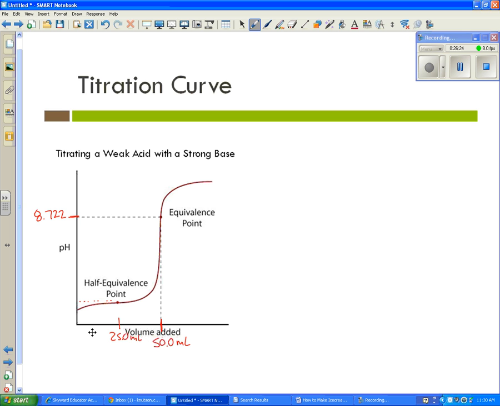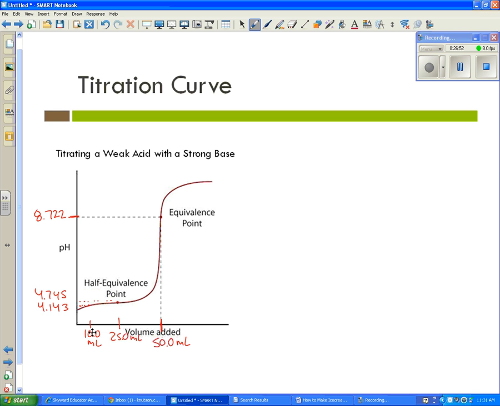The halfway point. We just did that today. 4.745. We also did at 10 milliliters. At that point, what was the pH? 4.143.